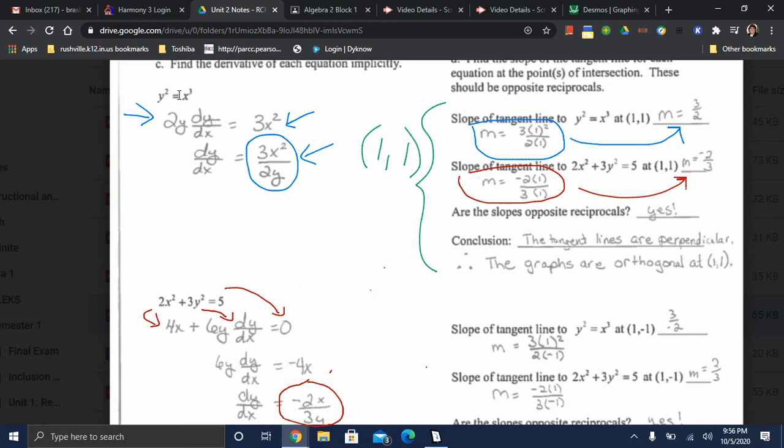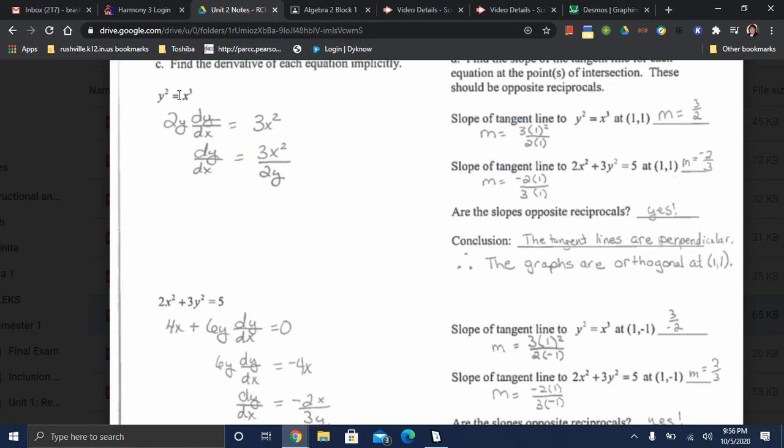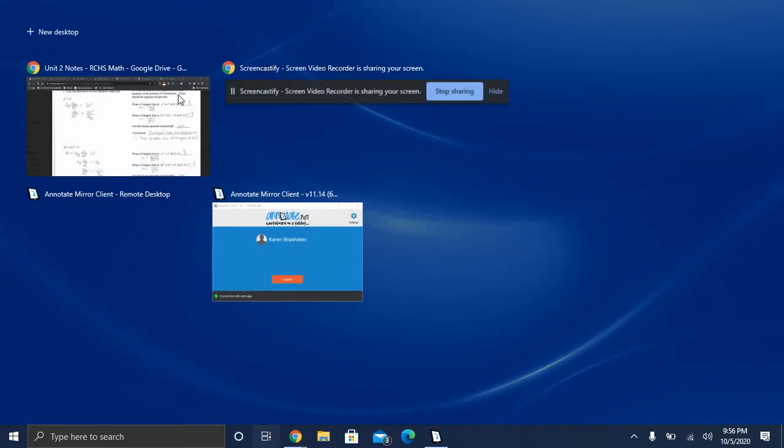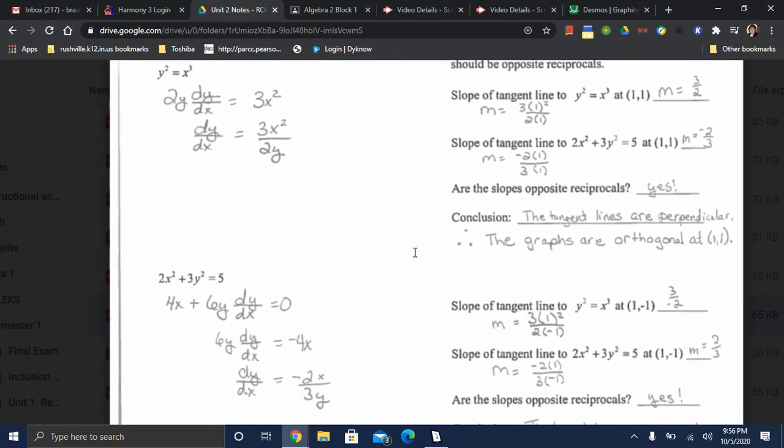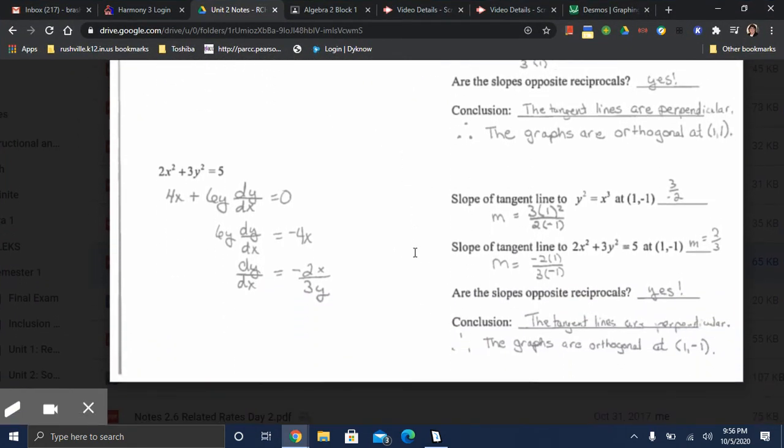And so the tangent lines are perpendicular because the slopes are opposite reciprocals, and therefore the graphs are orthogonal at 1, 1. And then scrolling up, I'm going to clear the ink. We can look at the other ordered pair.